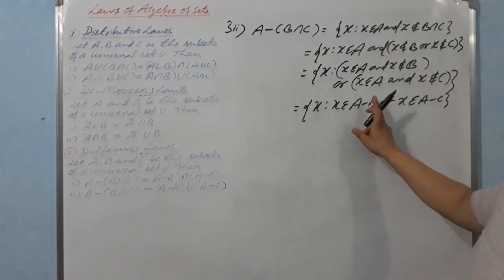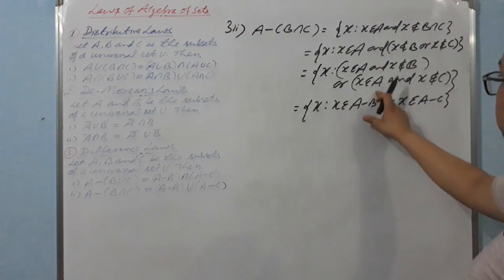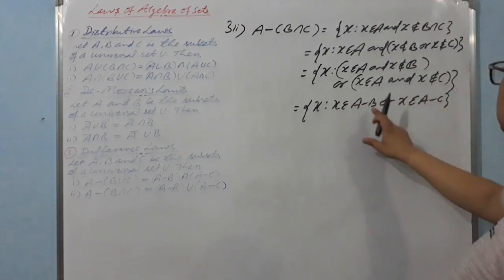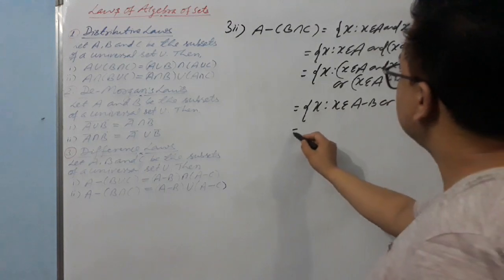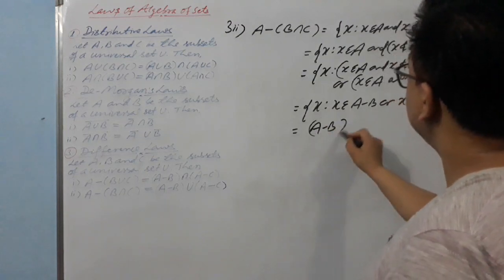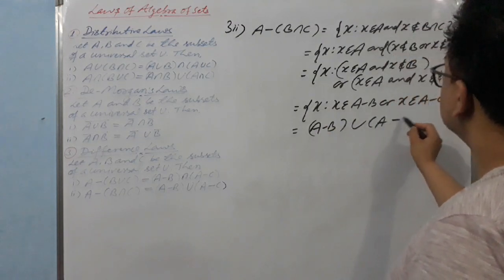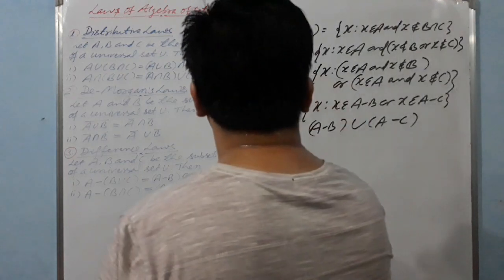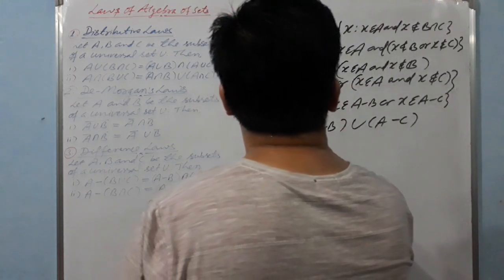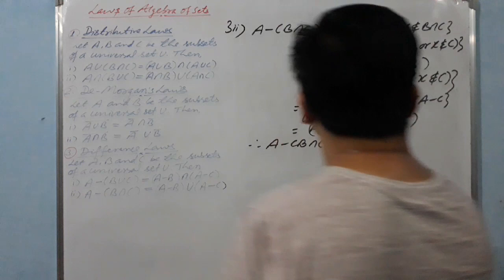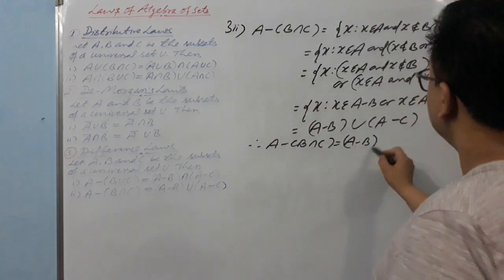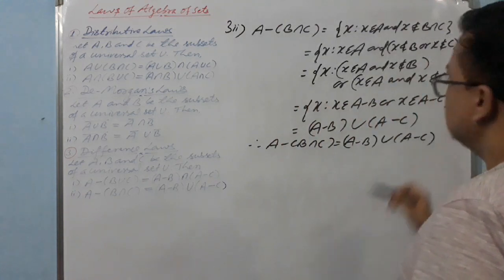I have just used the definition of difference. Now, if this is A and this one is B, then A or B is the definition of union: (A minus B) union (A minus C). Easily you can do it, right? Therefore, A minus (B intersection C) is equal to (A minus B) union (A minus C).